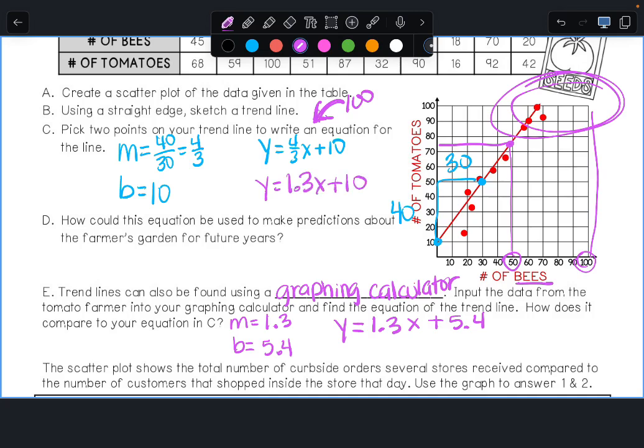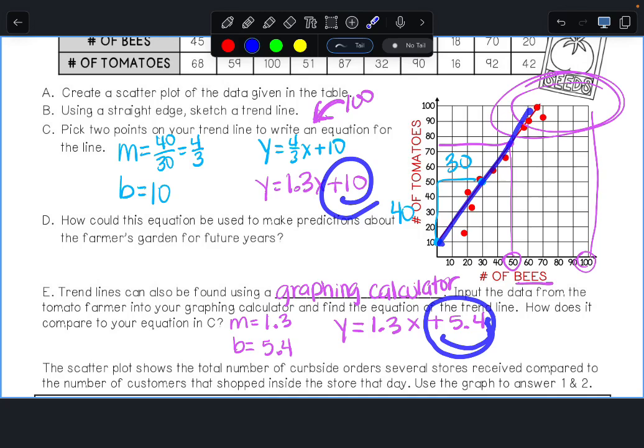The slope. The slope is the same, but what's off? The y-intercept. The y-intercept is off just a little bit, by about 4 points, or 4.5. The reason that this part is off is because of human error. My line and the exact line is always going to be a little bit different. This is the same as you drawing your line of best fit versus your partner drawing their line of best fit.